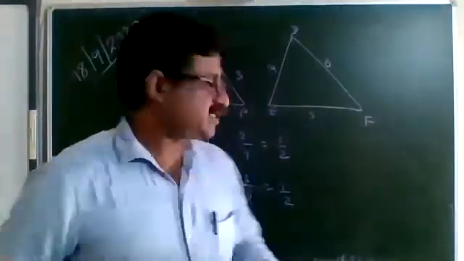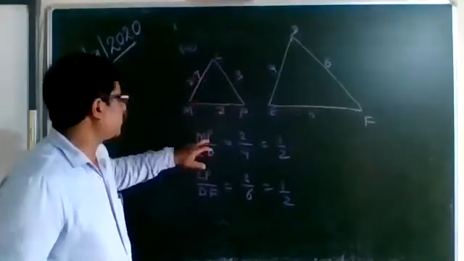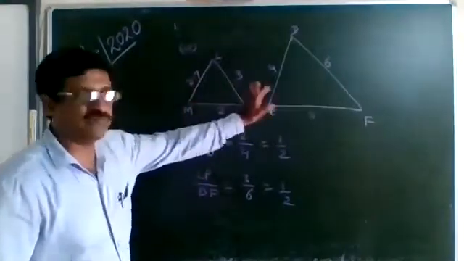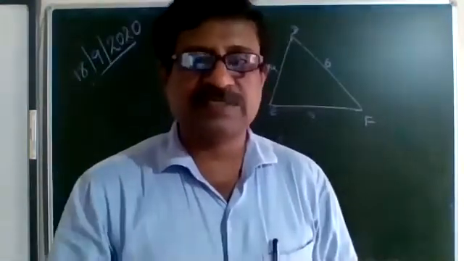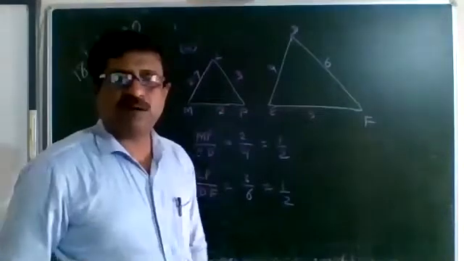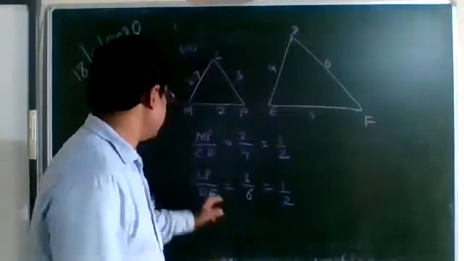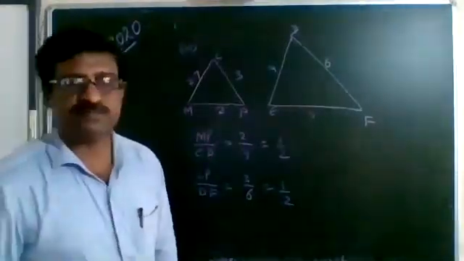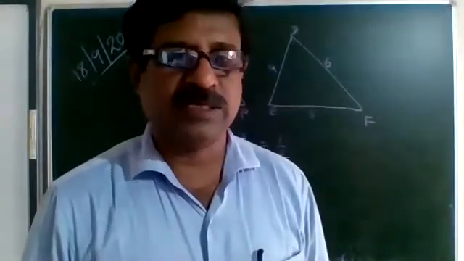Two of the sides, MP and LP of the smaller triangle, are in proportion with the corresponding sides of the other triangle. The triangles will be similar if the third sides of both triangles are also in proportion, or the angle between the two sides is equal. That is the property we have learned, SSS or SAS.